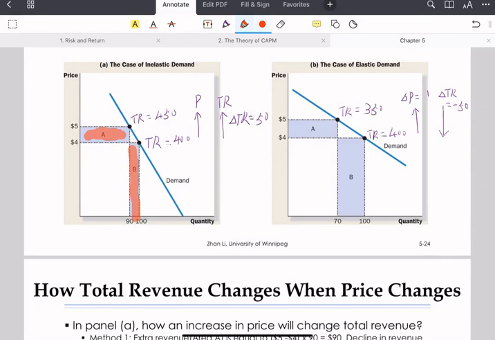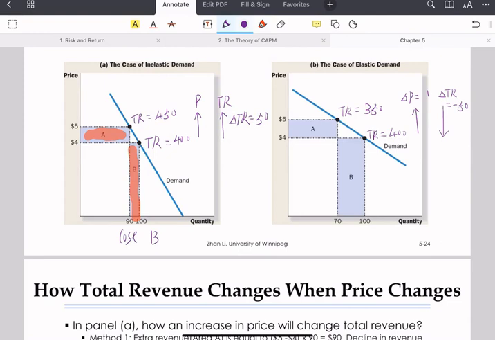Because if you increase the price, then quantity decreases from 100 to 90, right? So it basically means we have to lose area B, right? So we have to lose B here.